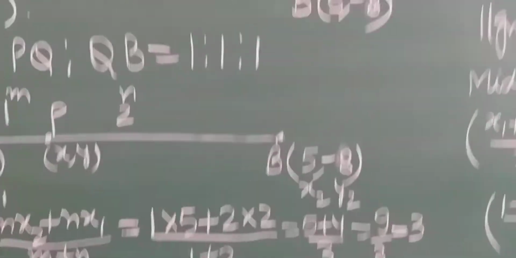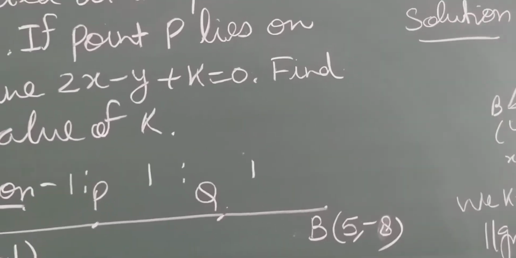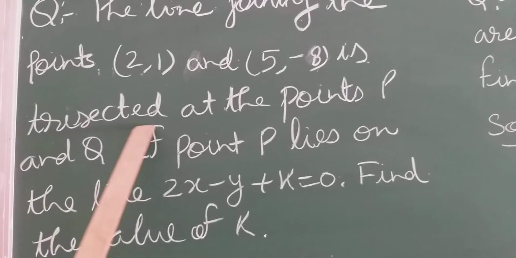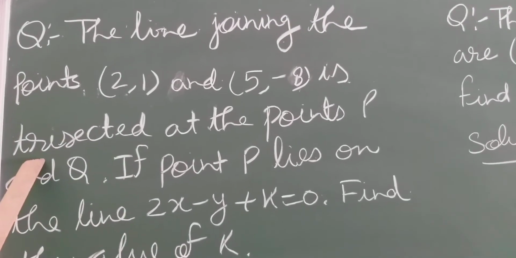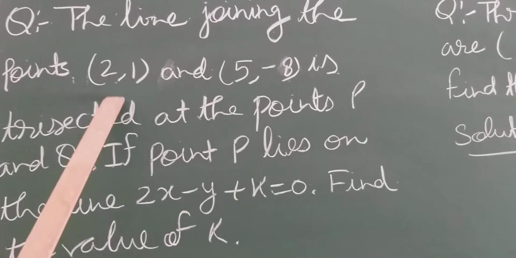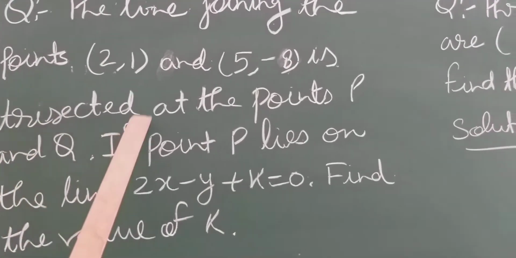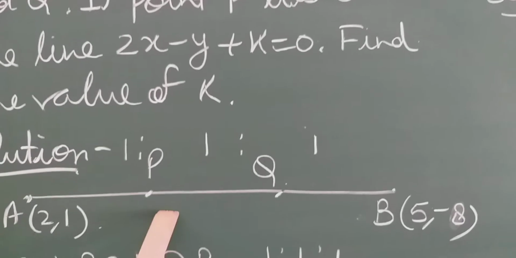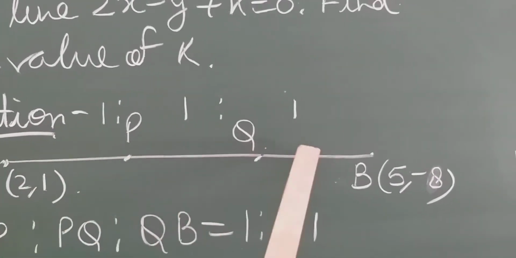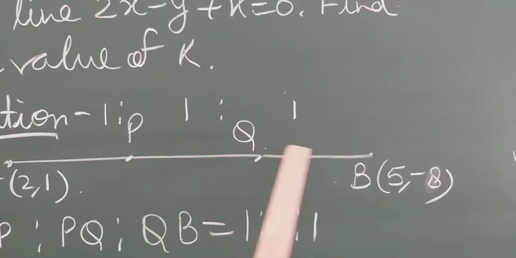Okay students. So what you have to remember before solving this question, student, trisection is given here. This point and this point, a line segment given, and trisection is given. Trisection means there are 2 points which divide the line into 3 parts and all 3 parts are equal.